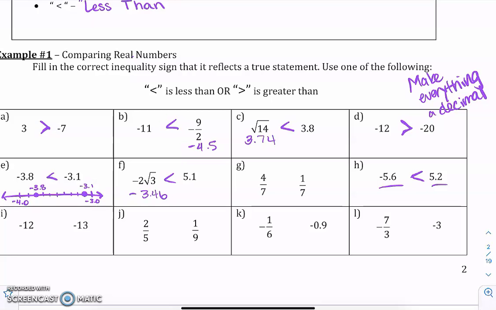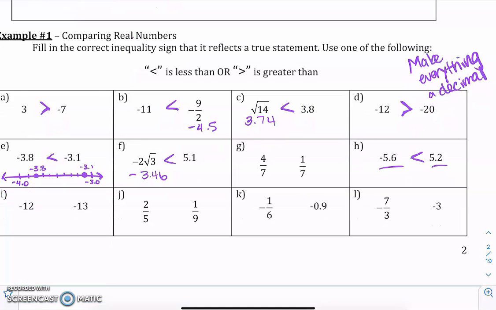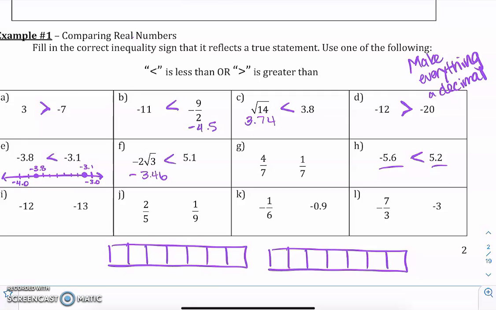All right, so 4/7 and 1/7. If you're thinking of fractions, I know some of us are a little better with fractions than others, but 4/7 is going to be more than 1/7. 4/7, 1, 2, 3, 4, 1/7. What is more? The 4/7.